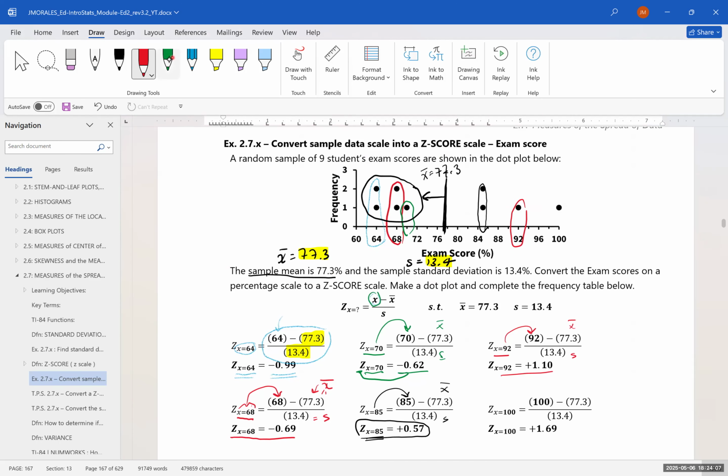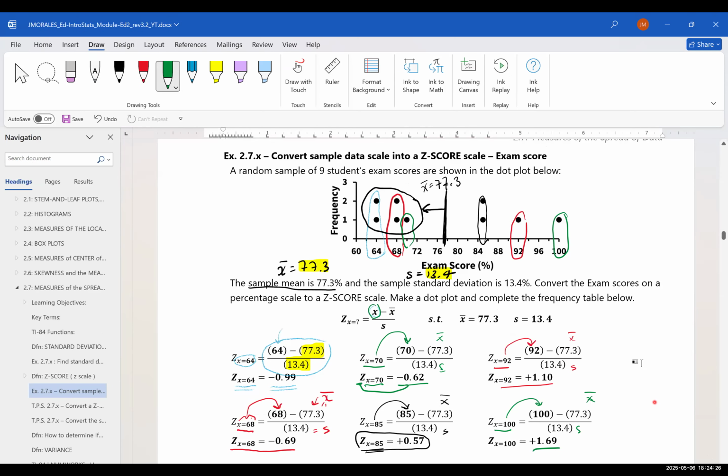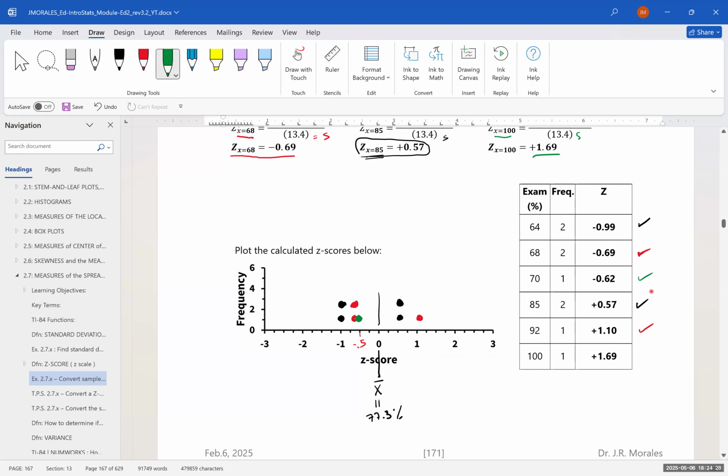That's when x is 100. So if x is 100, we put 100 in for x. We have the same sample mean and the same standard deviation. The right-hand side will simplify down to a positive 1.69. And so when x is 100, the z-score will be positive 1.69, which will be maybe somewhere right about here. Again, this is a sketch, so just close enough.